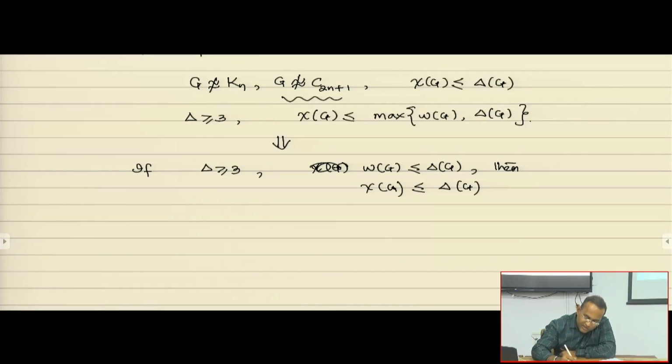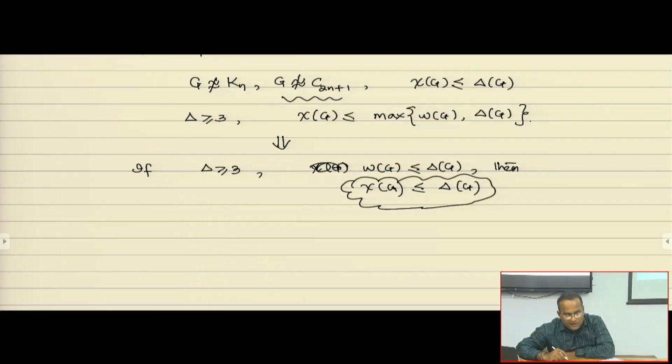So now the question is: what are the graphs for which chi g is equal to delta g? Can you list all the graphs for which chi g is equal to delta g?